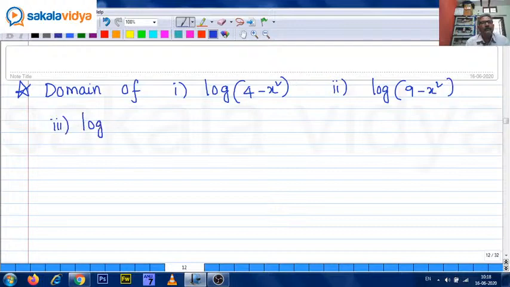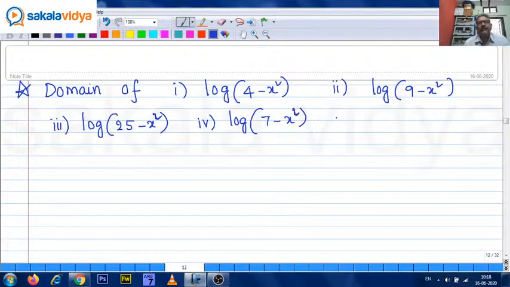Third, log of 25 minus x square. Fourth, log of 7 minus x square. Fifth, log of 16 minus 25 x square.